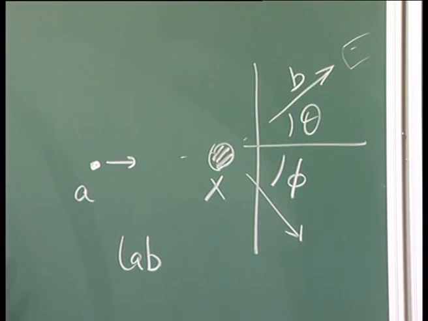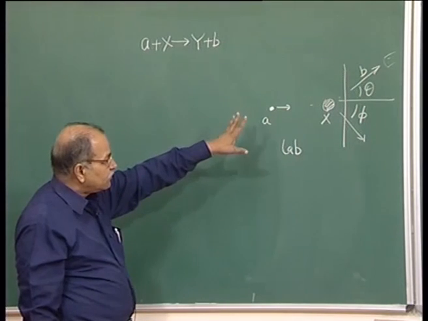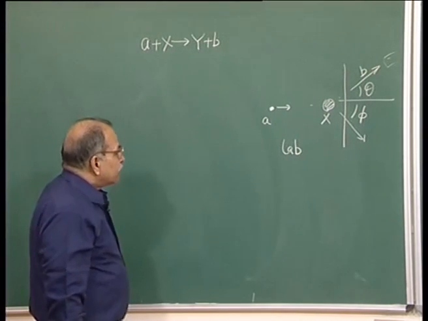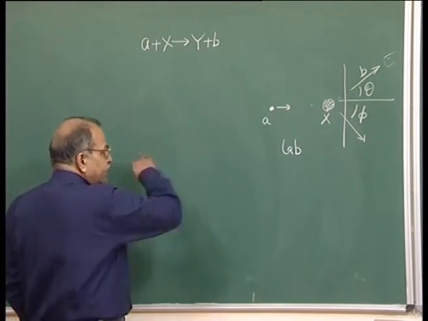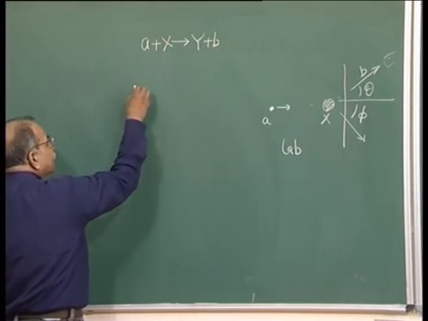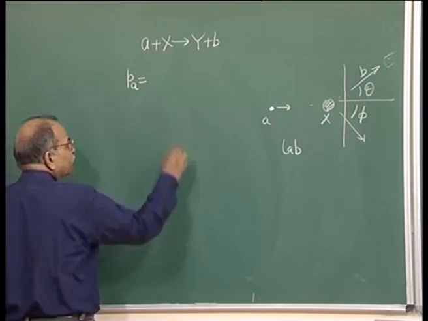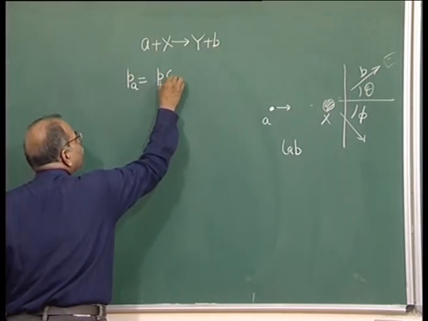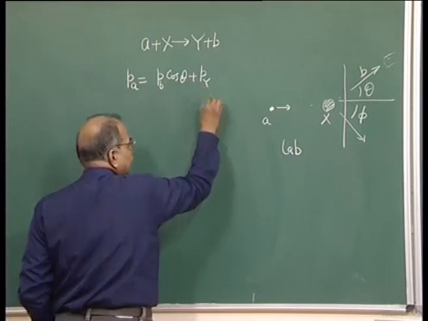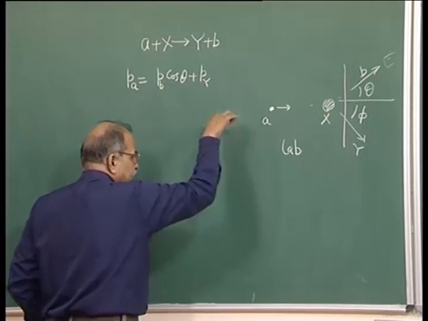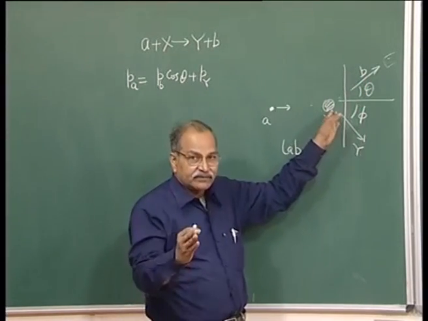So in this reaction, if you look at conservation of energies, initial energy, final energy, and all those things, then you can write three equations, because momentum also has to be conserved. In the x direction, the horizontal direction in this diagram, your equation will be P A equals P B cos theta plus P y cos phi. Here the B particle is coming out, and the y particle is still in the target.